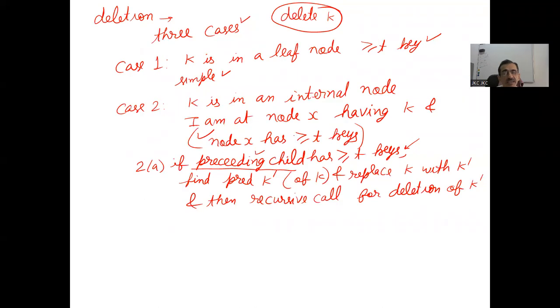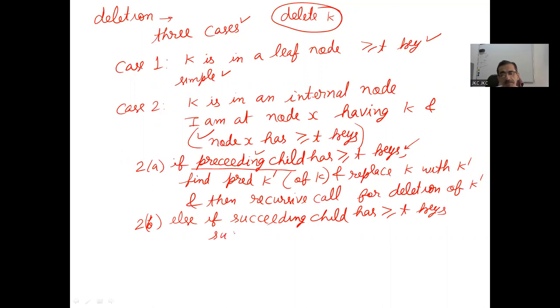Similarly, I say case 2B. 2B means: else if the succeeding child has greater than or equal to T keys, for example when the preceding child could not have this, then similar work will be done with the successor.